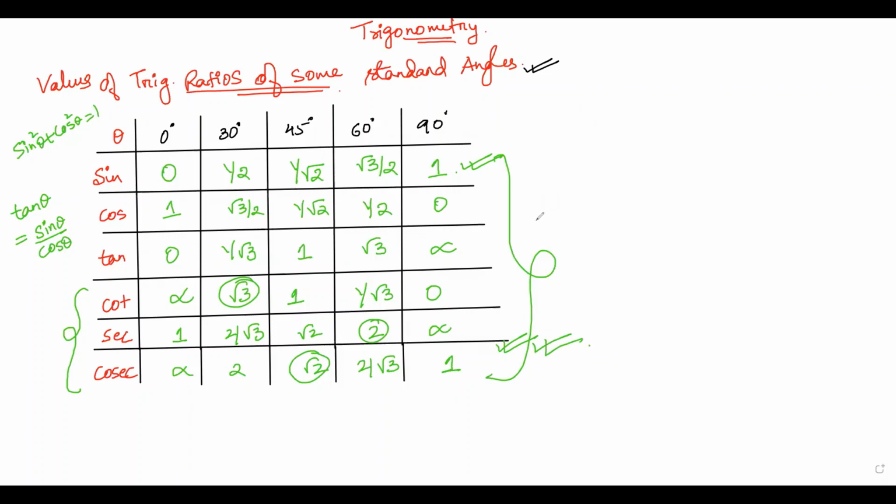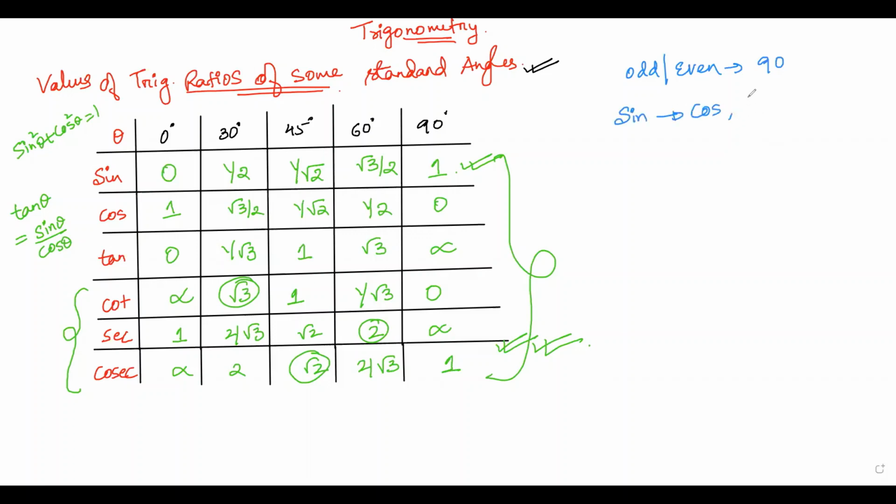Now we can also find the value of trigonometric ratios of angles more than 90 degree, simply by expressing the angle as an odd or even multiple of 90 degree, and by using the rule of sign of trigonometric ratios. If it's an odd multiple of 90 degree, the trigonometric ratio sine would be changed to cos.